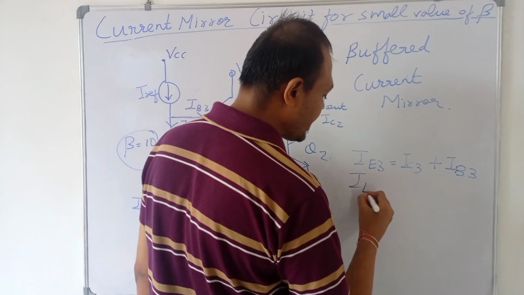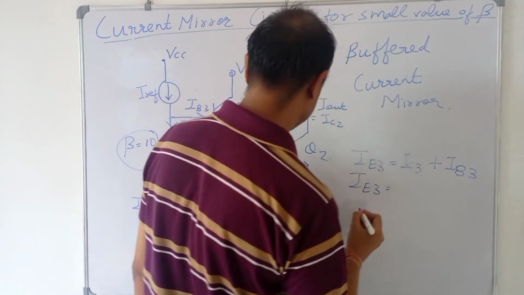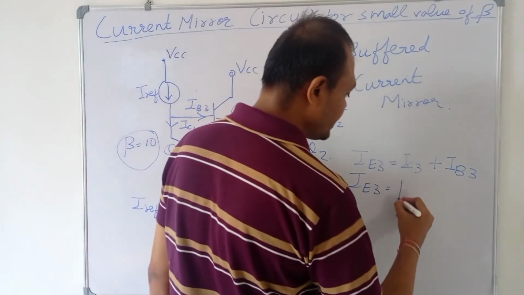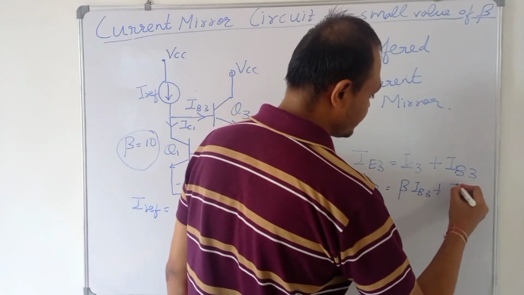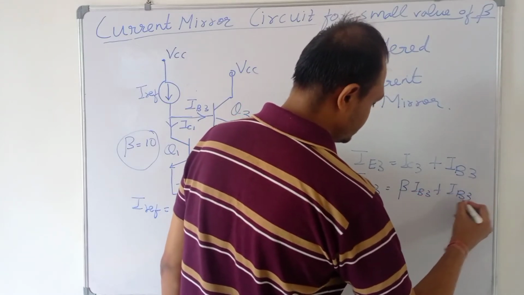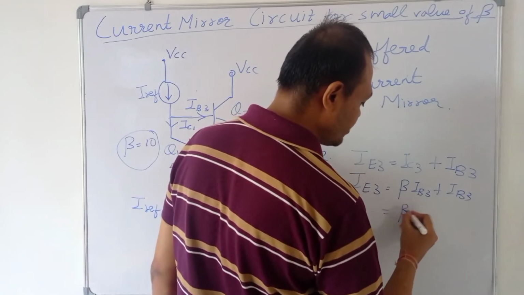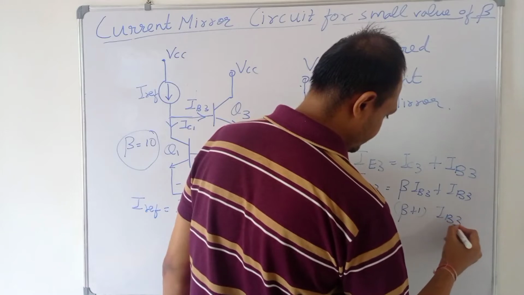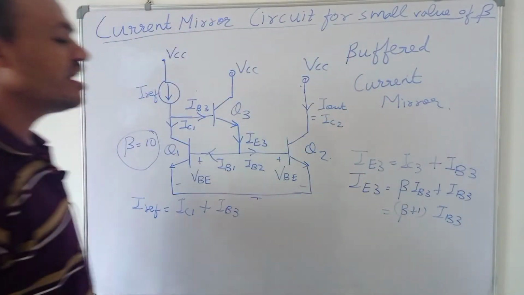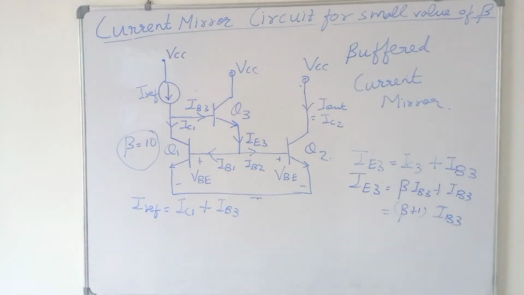So IE3 will be equal to beta IB3 plus IB3. So we can write IE3 equal to beta plus 1 into IB3. The emitter current in the third transistor is equal to beta plus 1 into IB3.